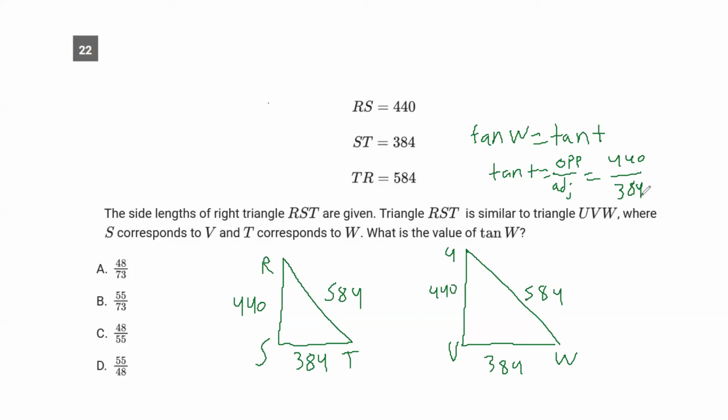And then if you divide them both by 8, you'll get 55 over 48. Dividing by 8 might be hard, so sometimes you might divide by 2 first, and then divide by 2 again, and then by 2 again, or maybe divide by 4 first, and then divide by 2. But either way, you'll get to this.